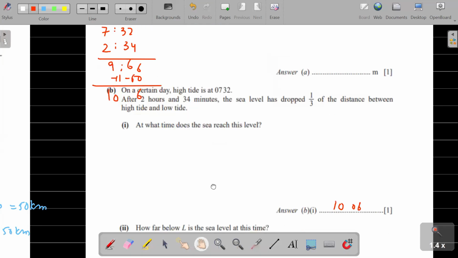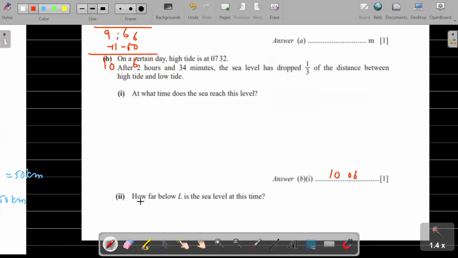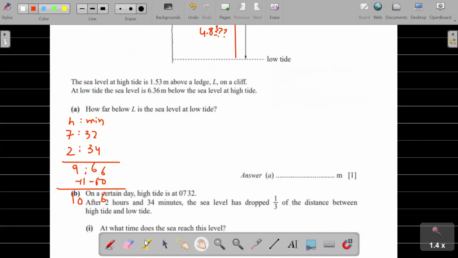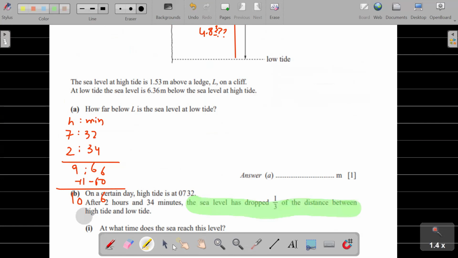Now it says one more thing: how far below L the sea level is at this time. At 10:06, how far was it? Let's take 1/3 of this value, because the sea level has high tide and low tide.